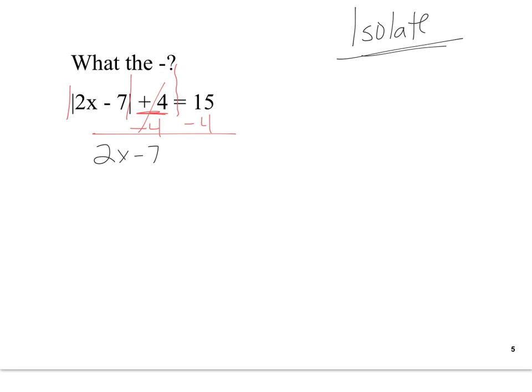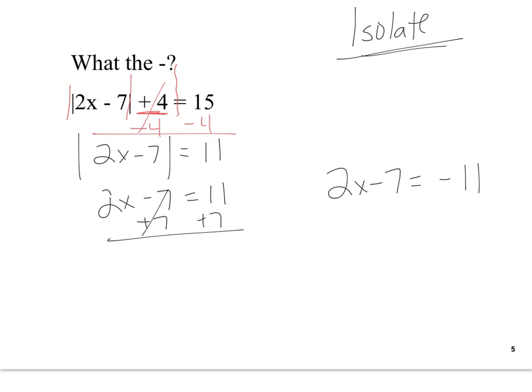So 2x minus 7 is equal to 11. Now I can do my two equations where the distance is 11. It could be at 11 or at negative 11. And then we solve. So X could be 9.